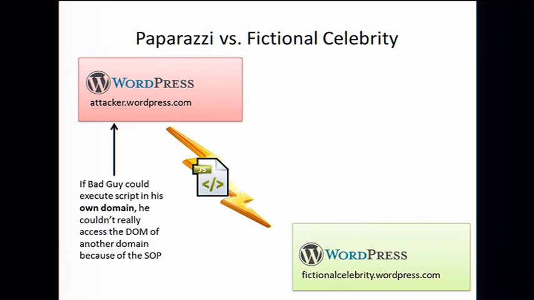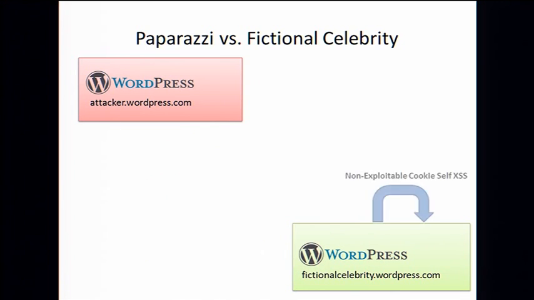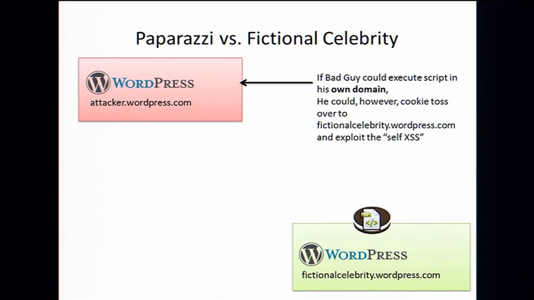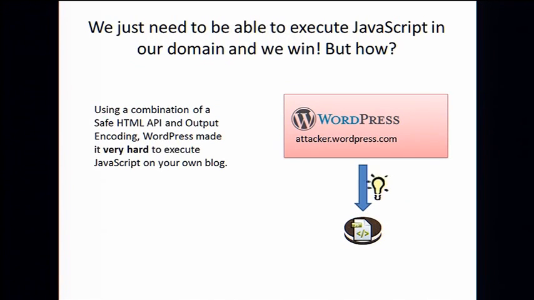But just because we can execute script in our own domain, that doesn't mean we can execute script in fictionalcelebrity.wordpress.com. This is all the cookie tossing stuff. The same origin policy blocks it, yeah. So the thing is, we have this non-exploitable cookie self-XSS. But if we can execute script in our own domain, then we can toss the cookie up, just like we did with Hotmail, and execute script in WordPress.com. So it's exactly what Jesse was just talking about.